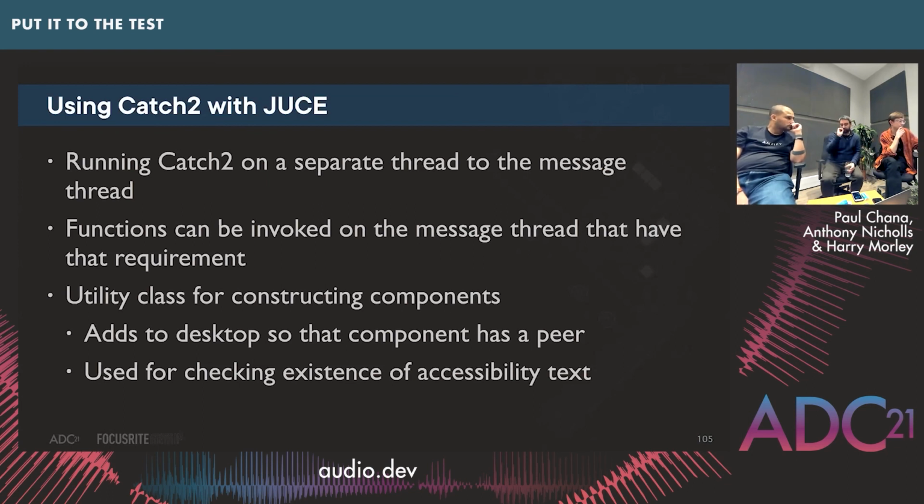It will construct it, add it to desktop on the message thread, and then at the end, when it destructs, it will actually destruct it on the message thread and wait for that to finish before the destructor returns. And yeah, it's certainly making our tests a little bit easier, and allowing us to do tests that I think we would only really be able to do with a more end-to-end testy environment.